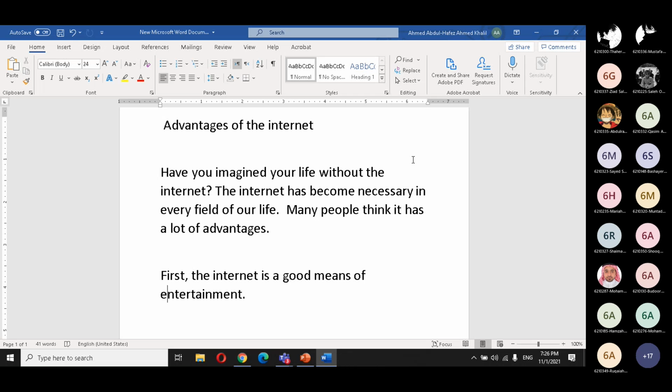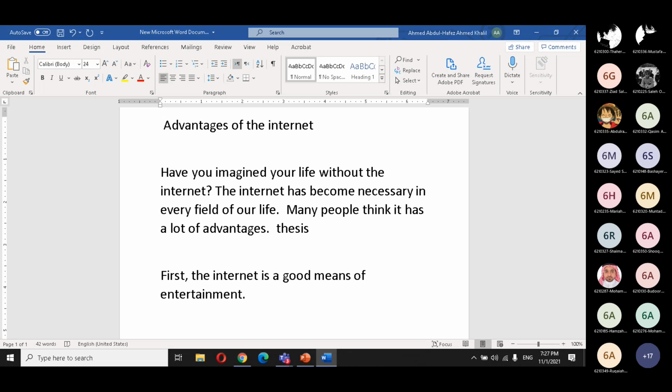You should put an introduction, and we said the introduction has two parts, something general, and then the second part of the introduction, they call it thesis. Thesis means the thing you are going to write about, the main point you are going to write about.